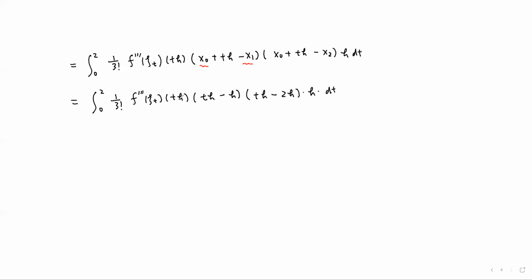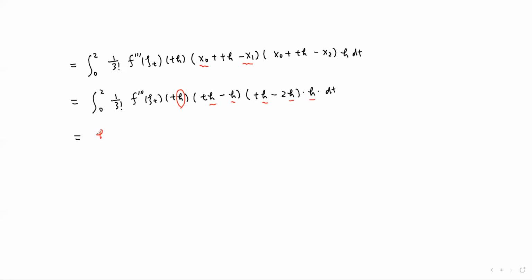I take h out of the integral and also move the number 1 over 3 factorial outside the integral. How many h do we have? 1h, 2h, 3h, 4h.